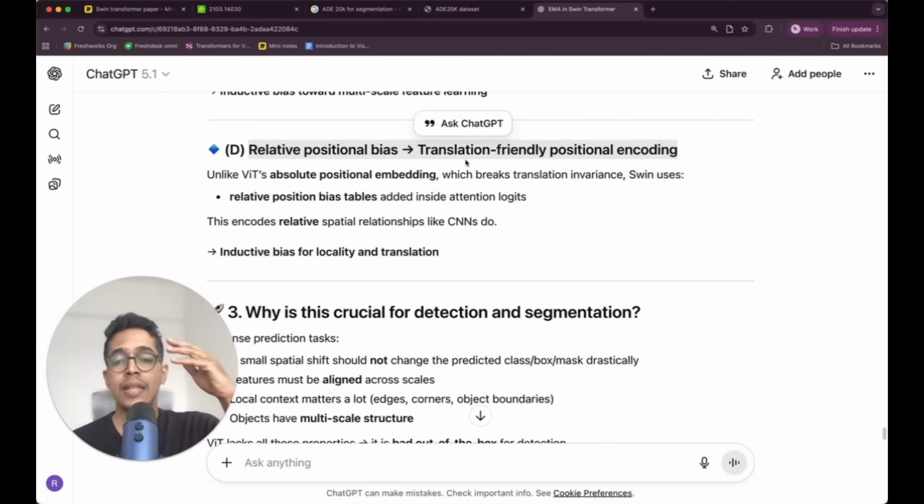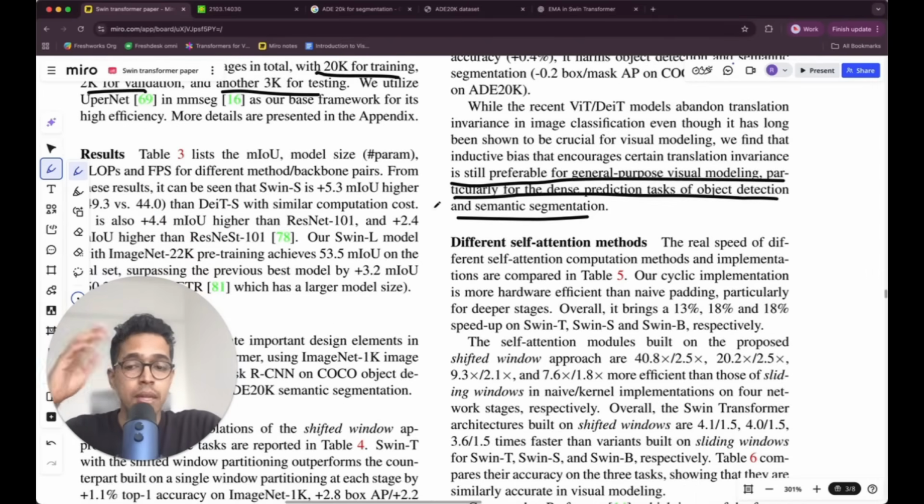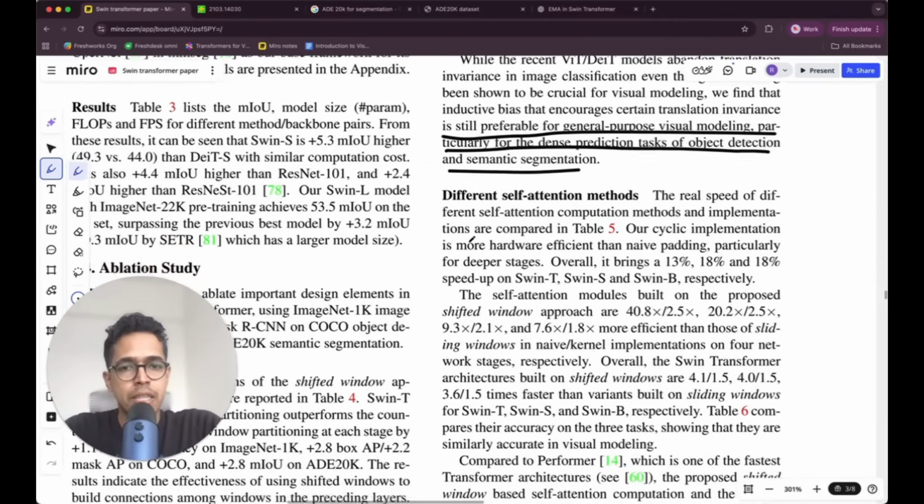And there are hierarchical features because there are more tokens in the initial layer with a smaller channel embedding dimension. As you go from stage 1 to stage 2 to 3 to 4, the XY dimension, the number of tokens, reduces and the channel dimension increases. So there are all these 3 factors bringing different inductive biases, which are originally there in convolutions, but were not there in Vision Transformer and Data-efficient Image Transformer.